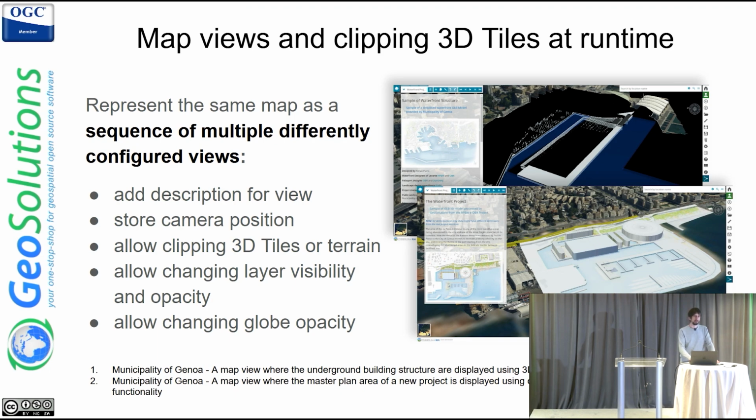They wanted to include the state of a project that was evolving in the city, from the master plan to the structure underground and so on. So we included for the map viewer the possibility to have views, to calibrate the camera, to select the camera position, and to allow hiding or clipping the layers.